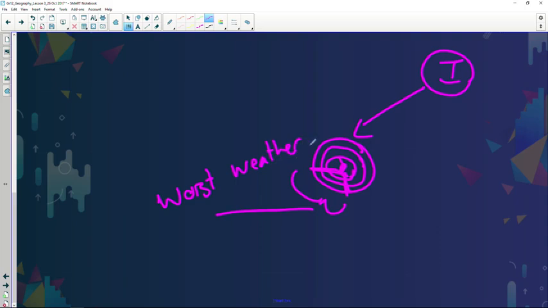The reason why is because the isobars are being forced together. And as you know by now, if the isobars are closer to one another, we experience worse weather conditions.